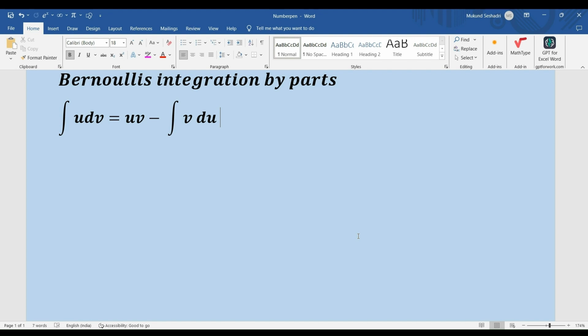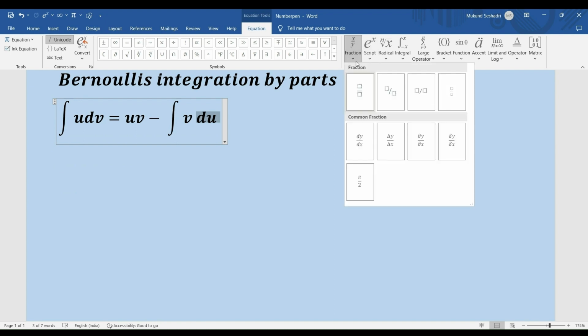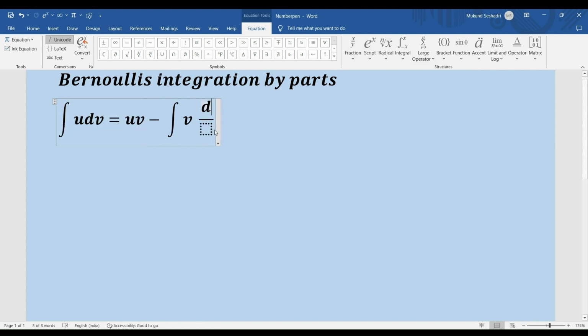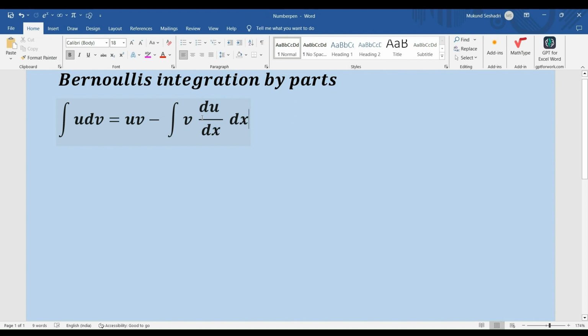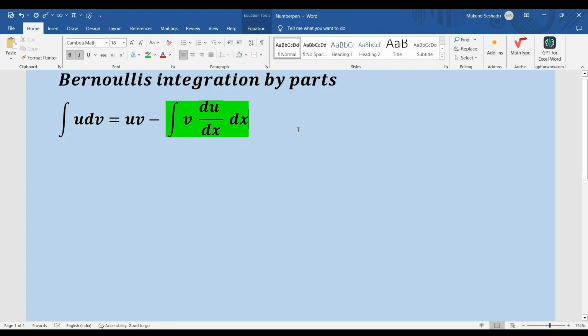I know my integration by parts tells me that the integral of u dv equals uv minus the integral of v du. Now I can rewrite my du as du by dx into dx. When you observe the second part of the RHS, let me highlight it in green.